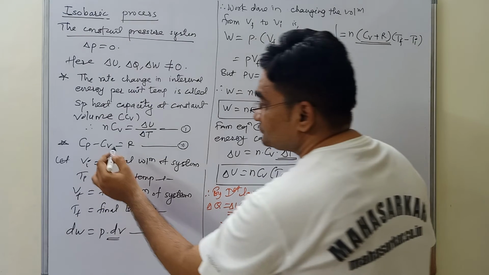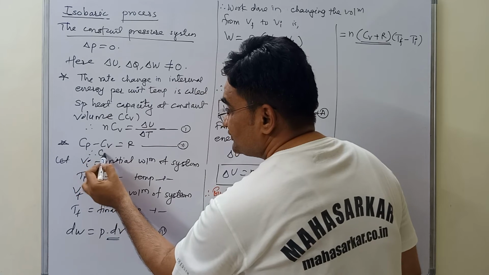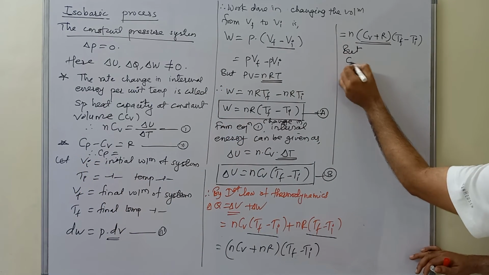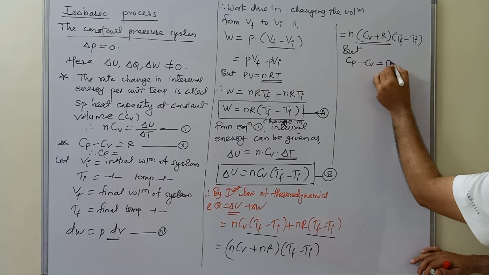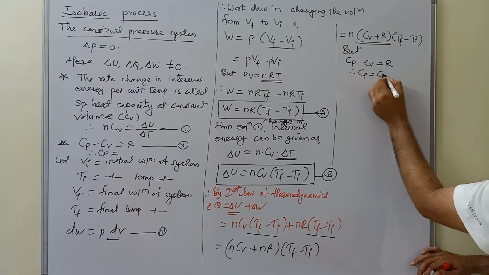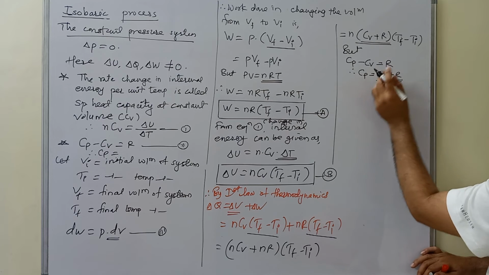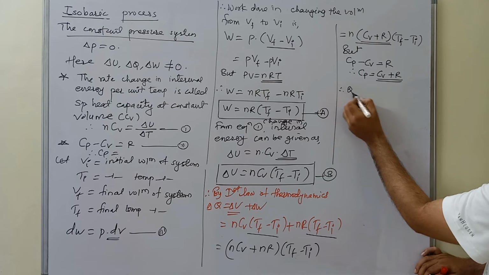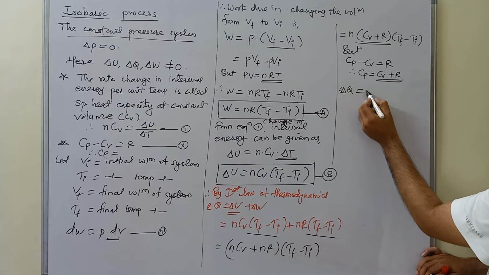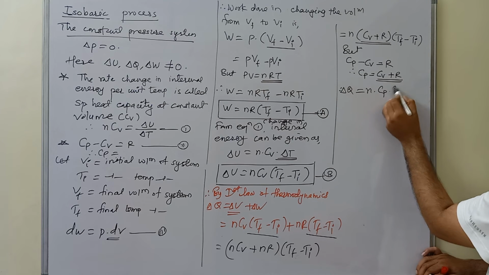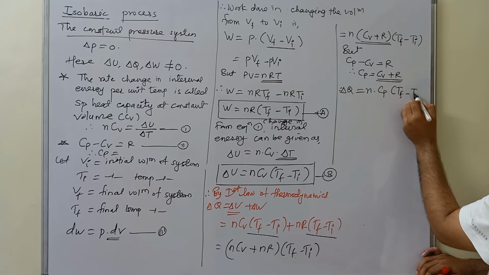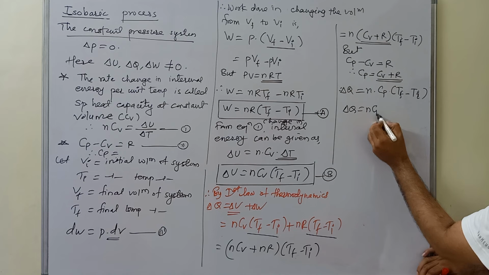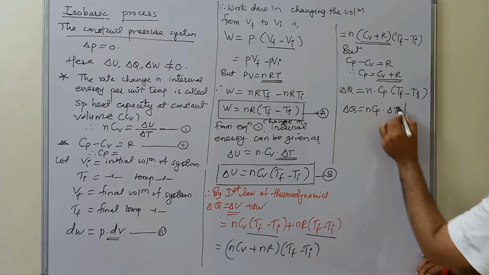But we have Cp minus Cv equal to R, therefore Cp equals Cv plus R. Substituting this value, delta Q equals n into Cp into Tf minus Ti, or delta Q equals nCp into delta T.